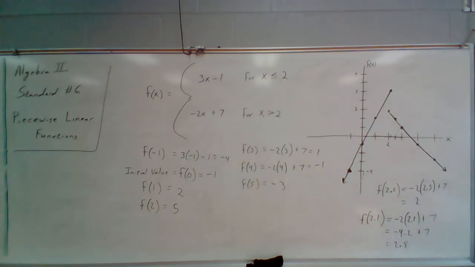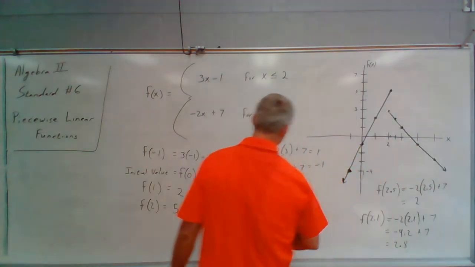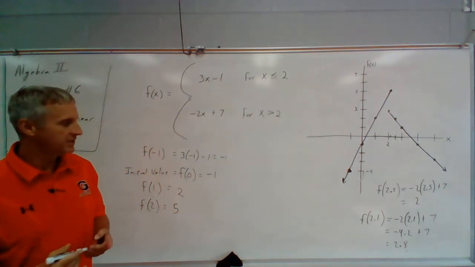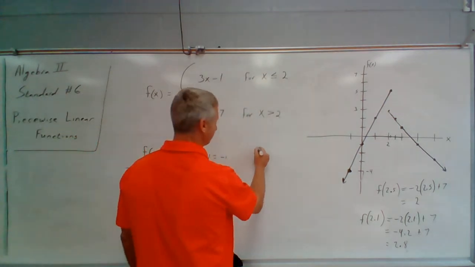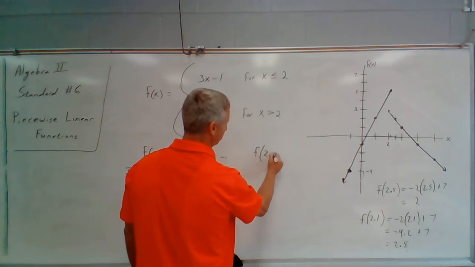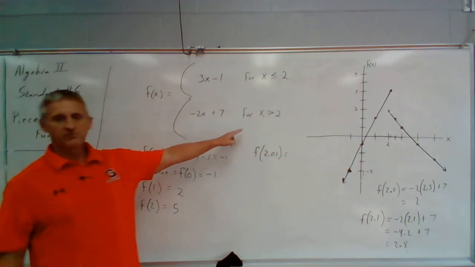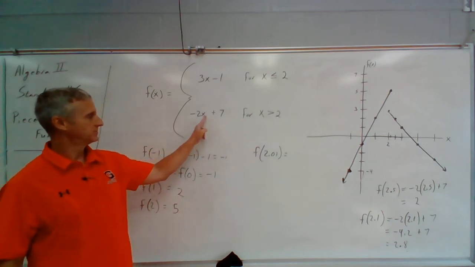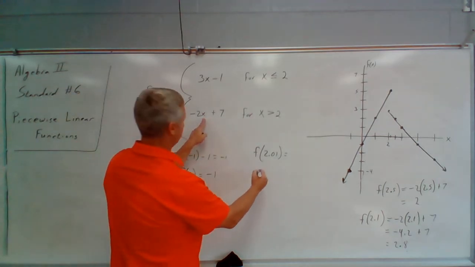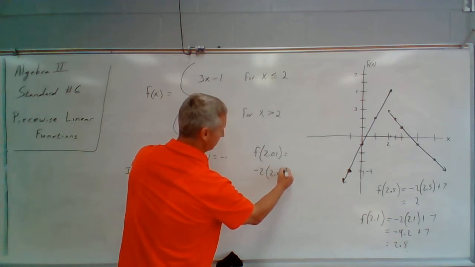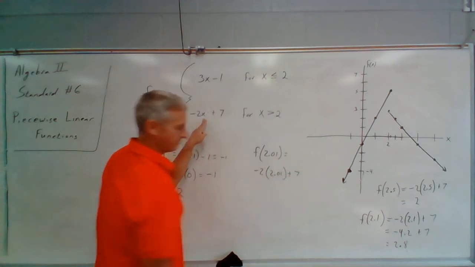And I can plug in anything between those. Let's get a little bit closer to the 2. So let's plug in, say, 2.01. So f of 2.01. 2.01 is bigger than 2, so I'm going to use this equation. So I'll have negative 2 times 2.01 plus 7.